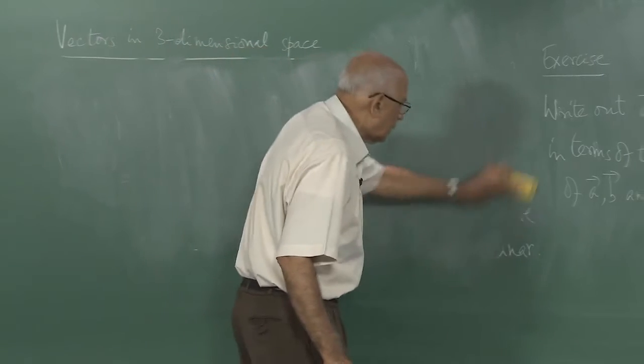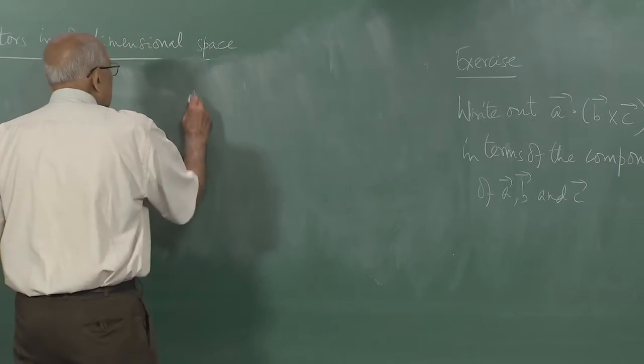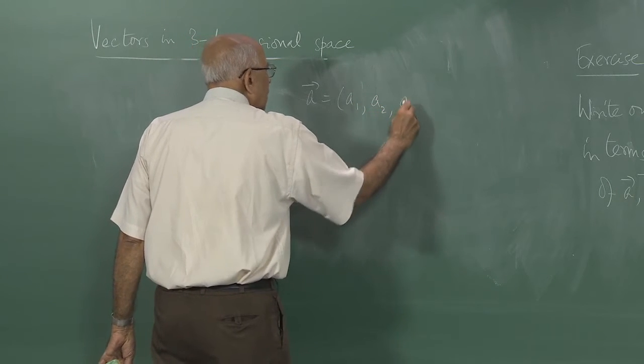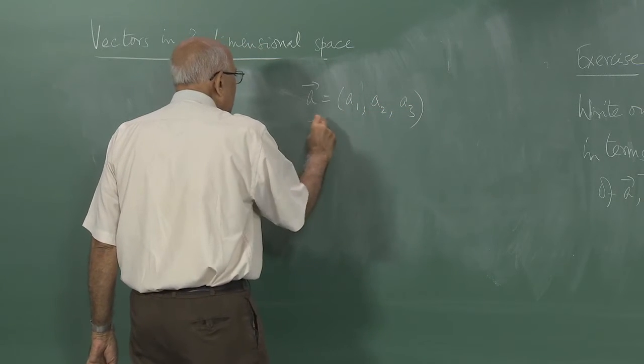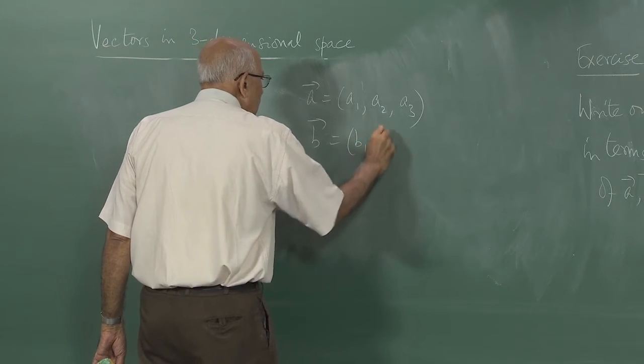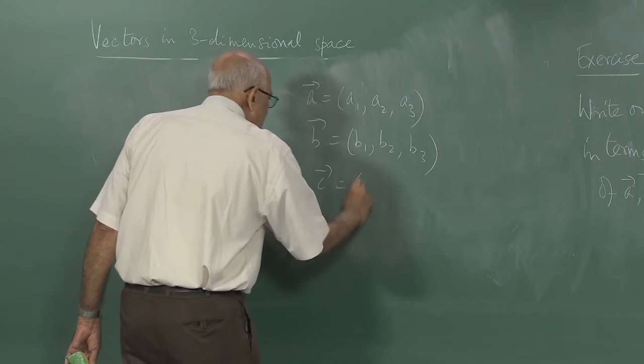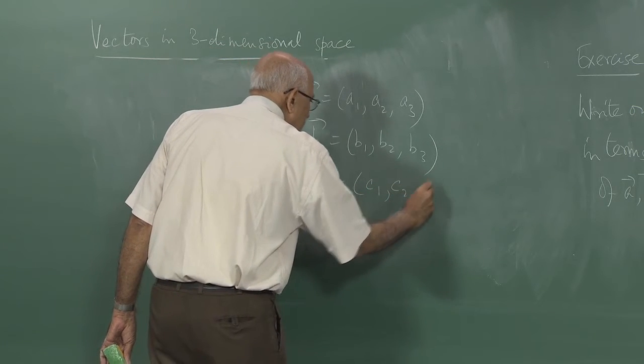So write it out in terms of the components of A, B and C, which means you take A to be, let us write it as 1, 2, 3, A1, A2, A3, B is equal to B1, B2, B3 and C to be C1, C2, C3.